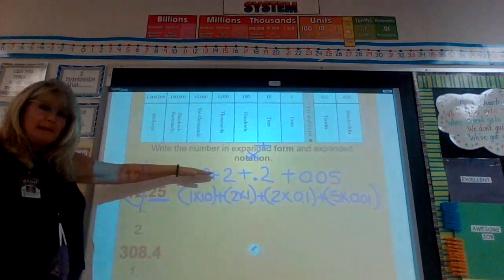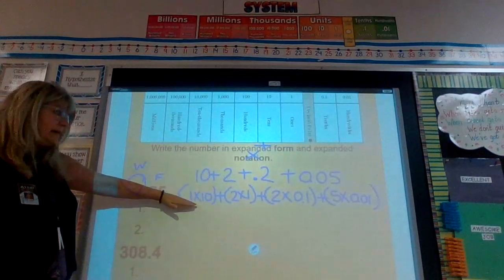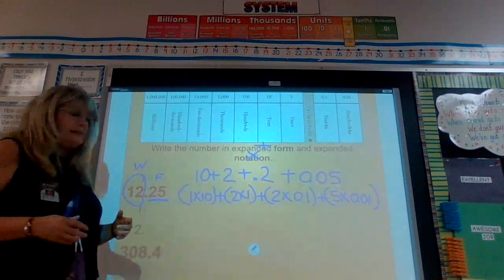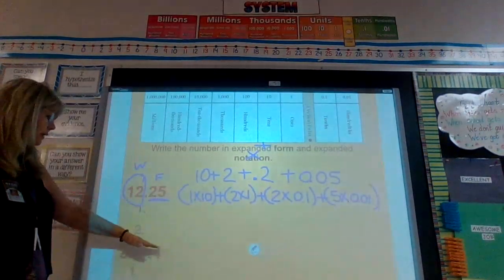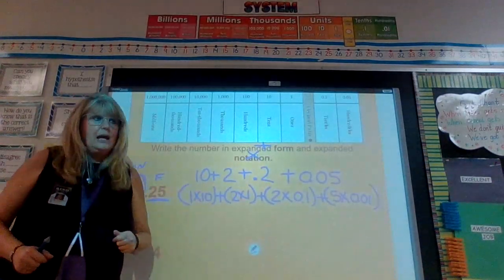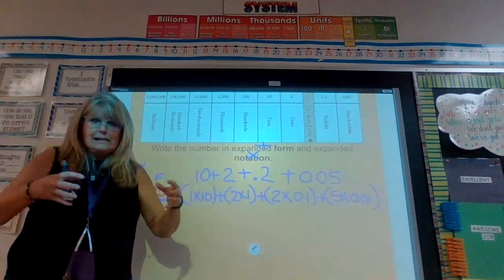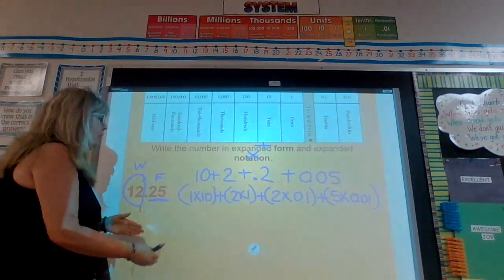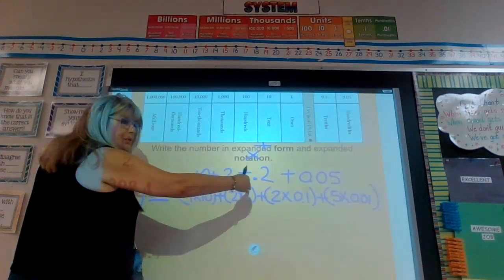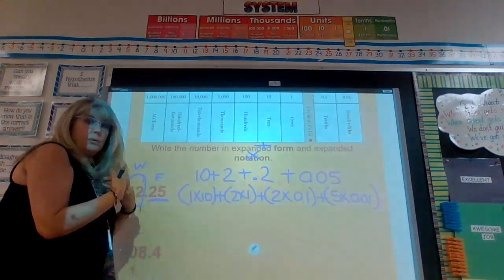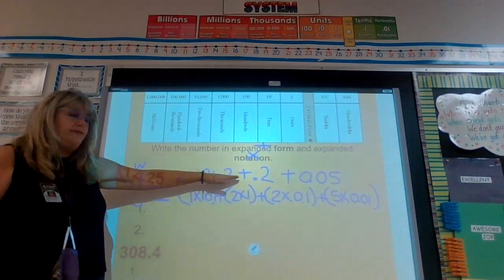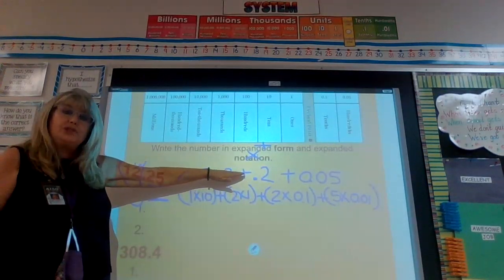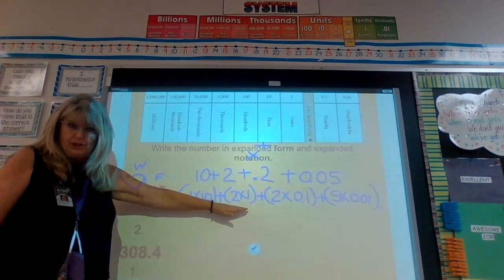So, expanded form, expanded notation. And just like Mrs. Witt said earlier to you, you have to think about that word expanded. That means that number is going to grow. Now, I will tell you, expanded form is going to be shorter than expanded notation.